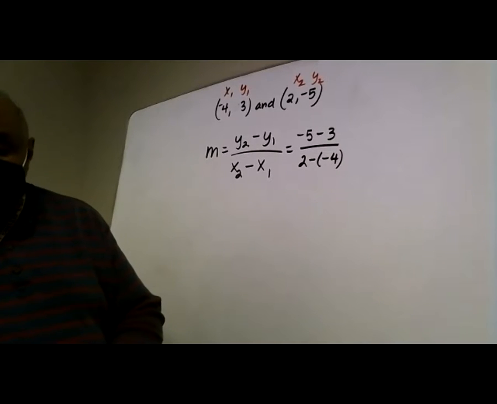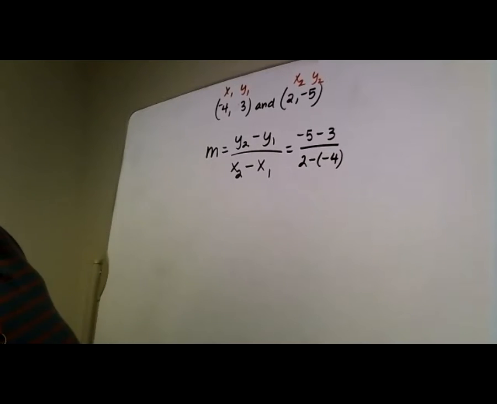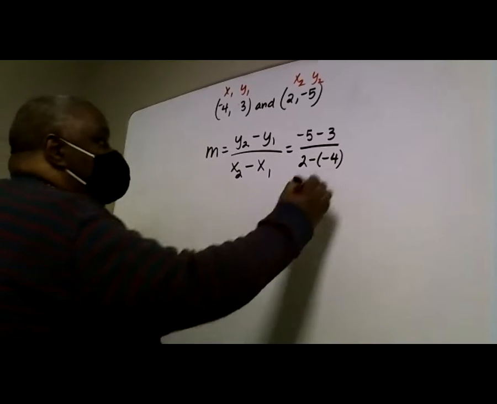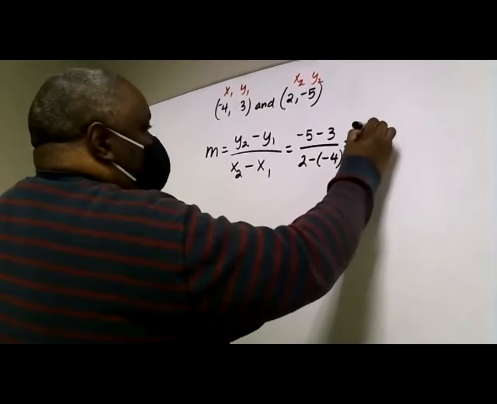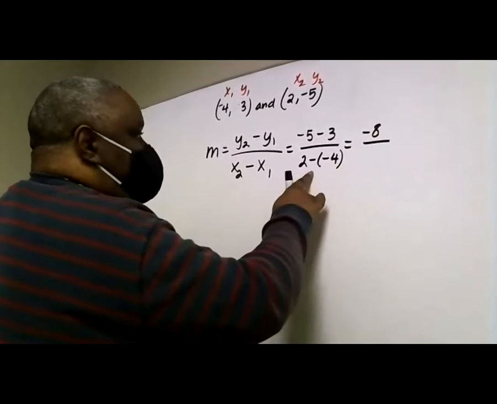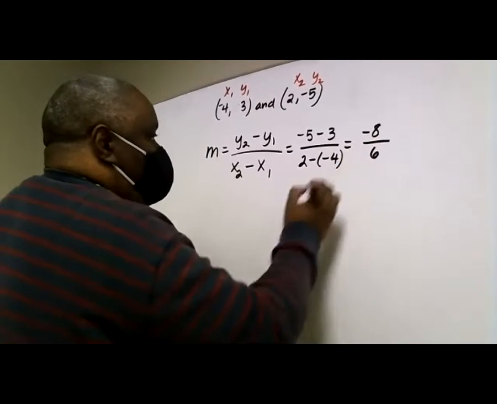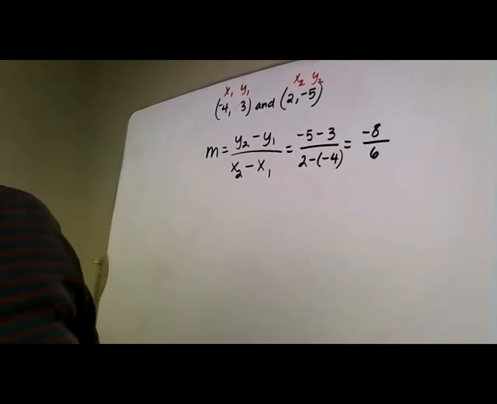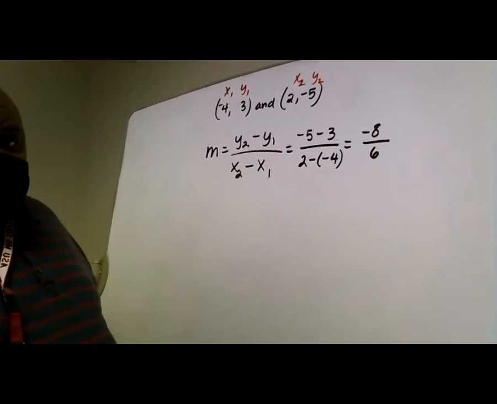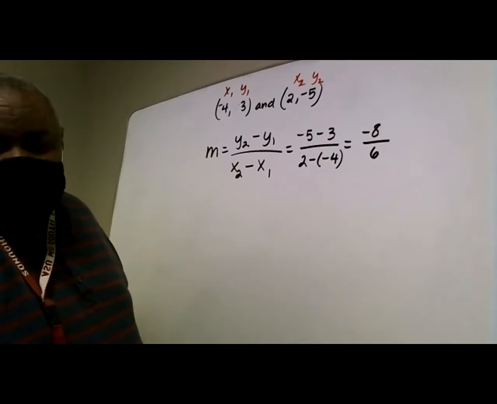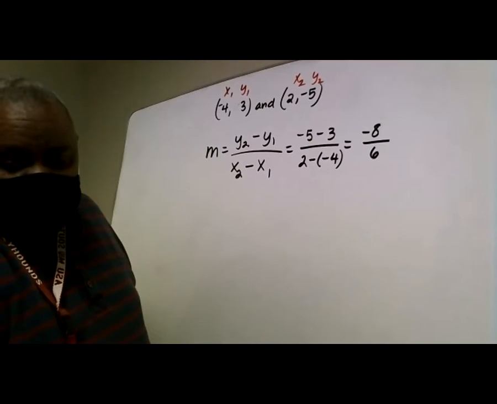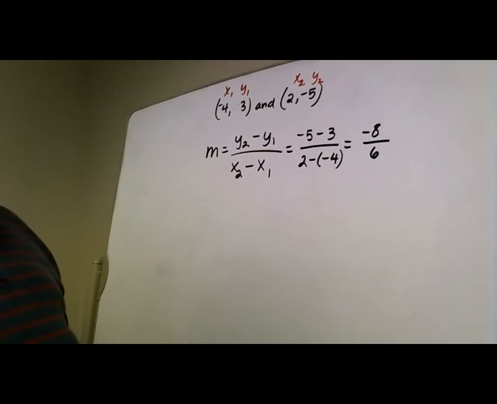And then we simplify the numerator and the denominator. So -5 minus 3, that's -8, divided by 2 minus a -4. That's the same as saying 2 plus 4, and that would be 6. And wherever possible, it would be best to reduce to simplest form.